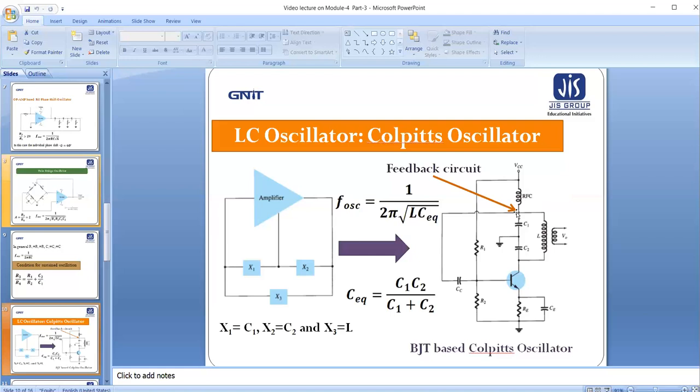Now what is the necessity of using this type of component? Because it is high frequency operation, and at the same time we have to stabilize the Q point for sustained operation.